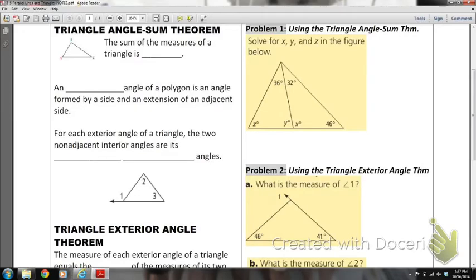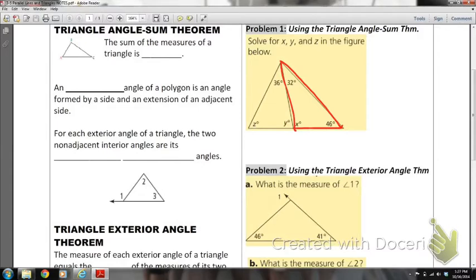In problem 1, we're going to use the triangle angle sum theorem to find the values for x, y, and z in that figure below. So let's look at finding the value for x first. We have two different triangles inside this larger triangle. Let's look at the one on the right first.